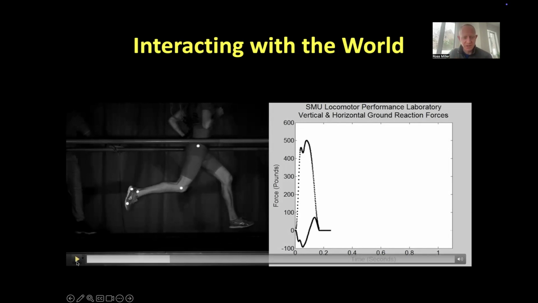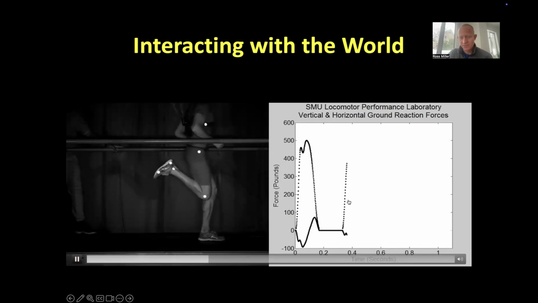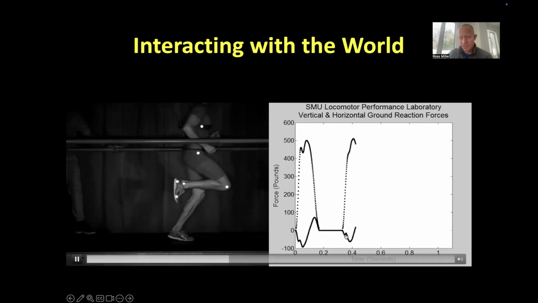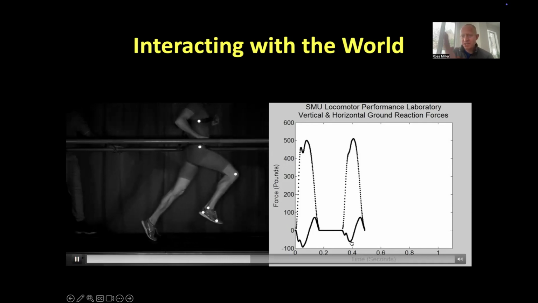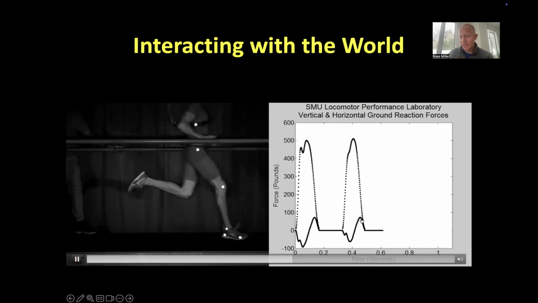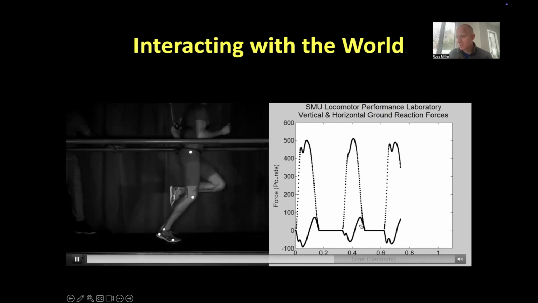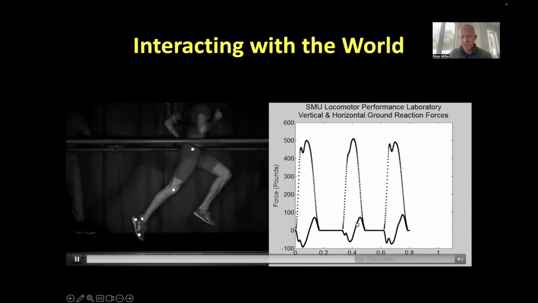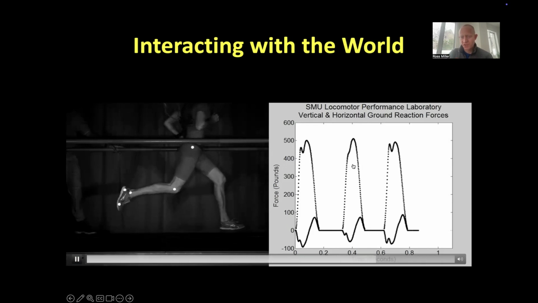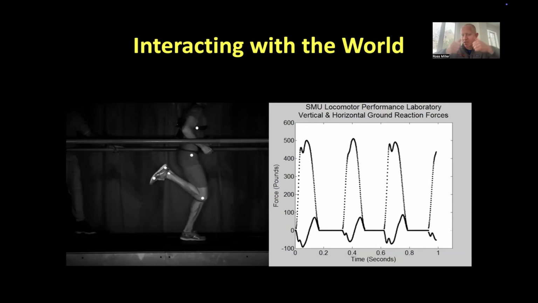So you can see as he hits the ground, he generates a large vertical force to support himself against gravity and generates first a negative or anteriorly directed horizontal force that slows you down a little bit, followed by a positive or posteriorly directed horizontal force to speed himself back up a little bit. So this vertical force, that's a force generated by our limb contacting the ground to support our whole body against gravity.